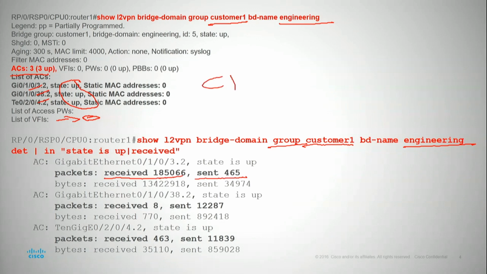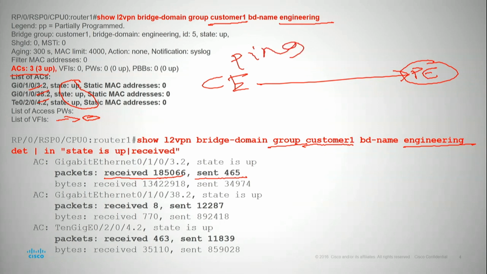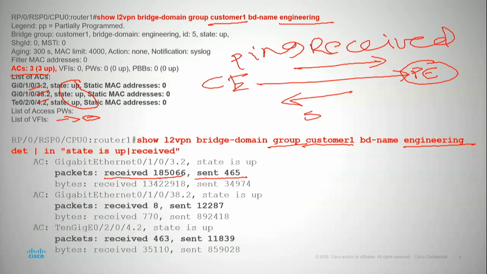Suppose there is a customer edge device and this is the PE device, you can ping from here and verify how many counters it has received and how many it has sent back. Based on that you can troubleshoot. So we can see the counters for all interfaces under this bridge domain.